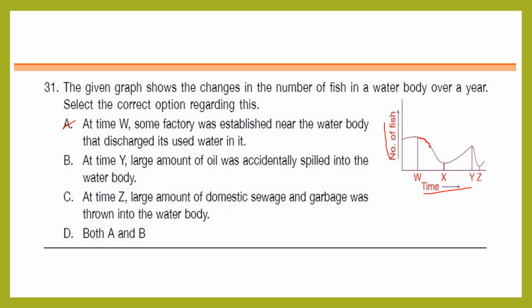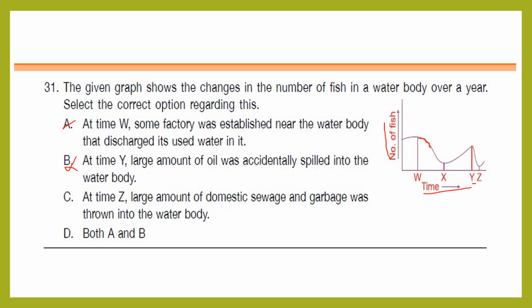Option B. At time Y, large amount of oil was accidentally spilled into the water body. But at time Y, the number of fishes starts increasing again. That means this statement is incorrect.